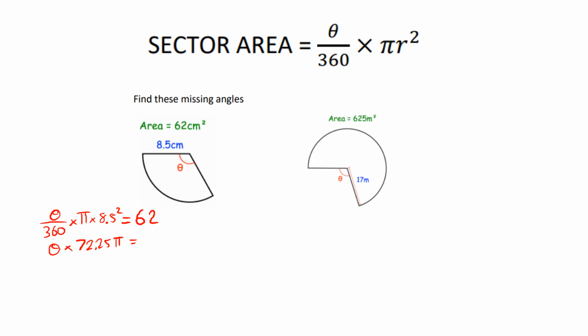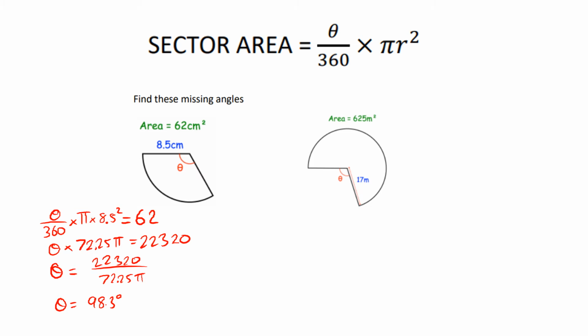So I'm going to do my 62 times my 360 on the other side and get that this is 22,320. And then if I want to find theta, all I need to do is divide by that 72.25 pi, or by that 8.5 squared pi if you'd rather. Stick that in and we'll get the angle is 98.3 degrees.